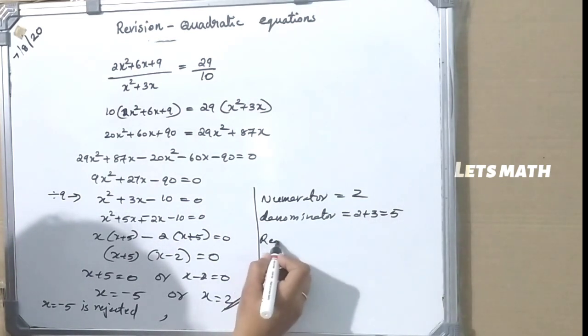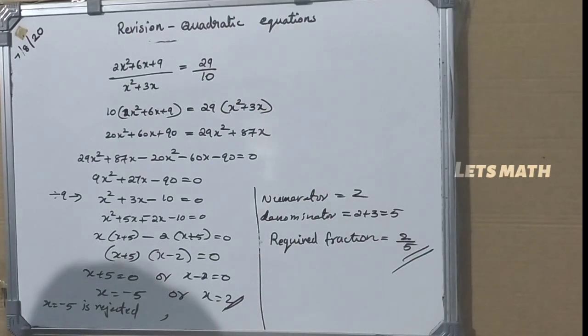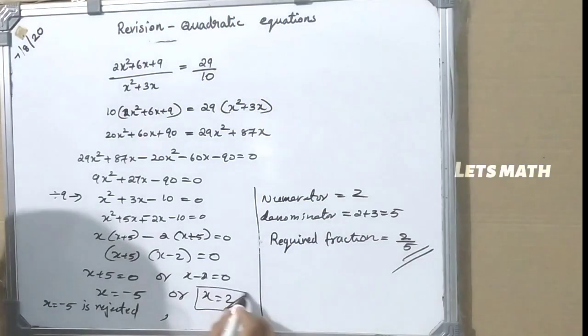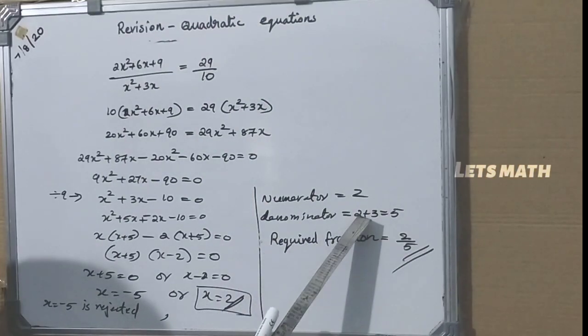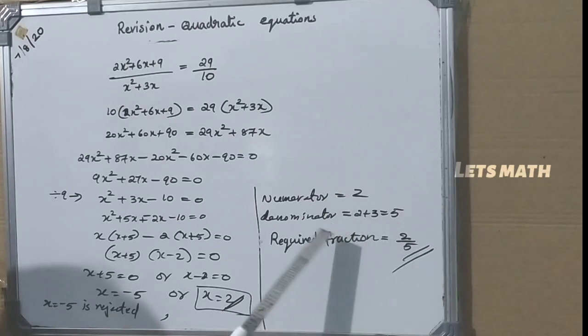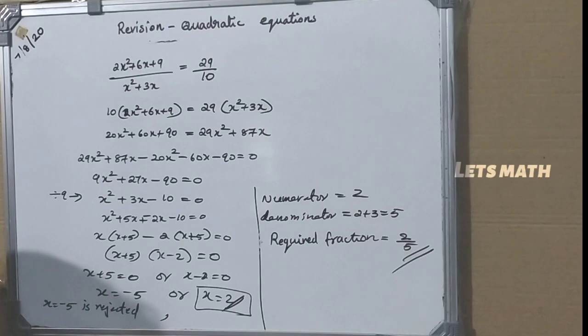So here the numerator is equal to 2, thus we choose x equal to 2. So the numerator is 2, so that the denominator is 2 plus 3, x plus 3 we have taken as the denominator, so it is 5. So the required fraction is 2 divided by 5.